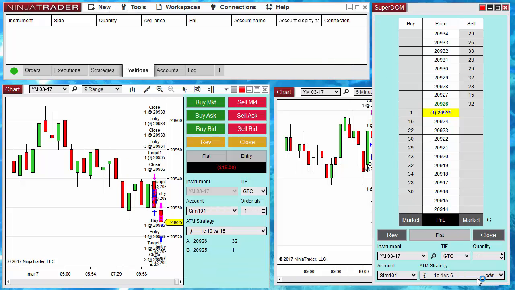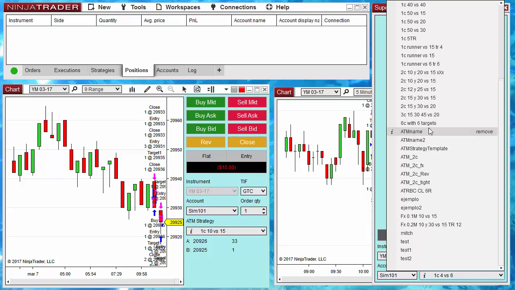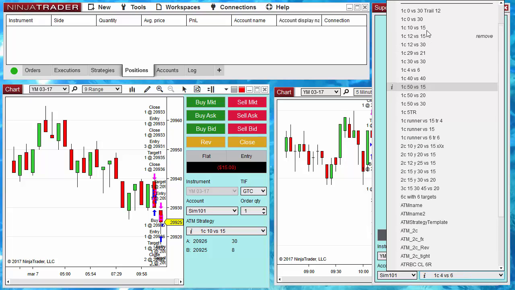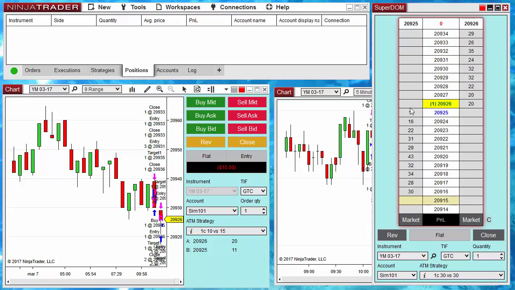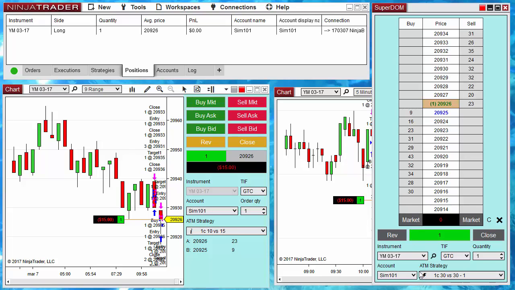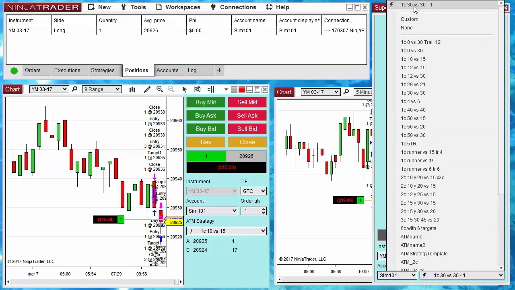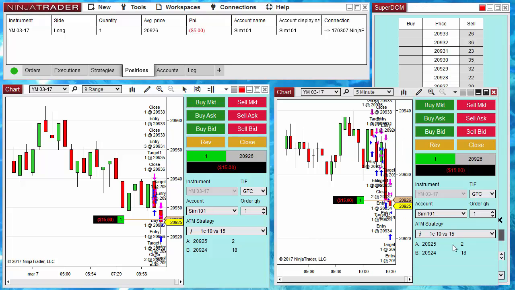So we select an ATM, and when we enter at market we can see that this symbol changes to a current ATM user. Order filled. That means that any new order sent from this chart will add to the current trade.